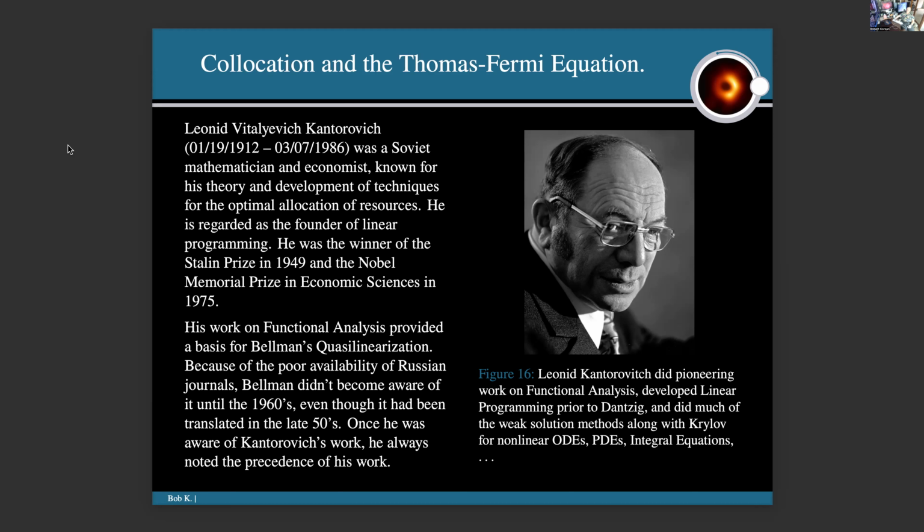His work on functional analysis, which he started in, I think it was 48, something like that. Anyway, maybe it was 52. Anyway, it turns out that he'd beaten Bellman's quasi-linearization and many other things that Bellman produced. So he was very prolific.